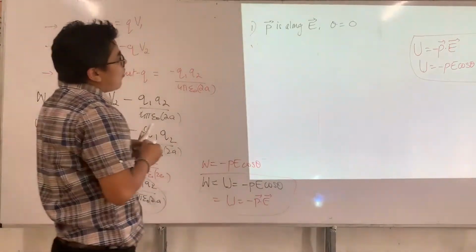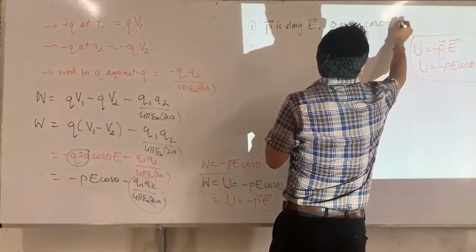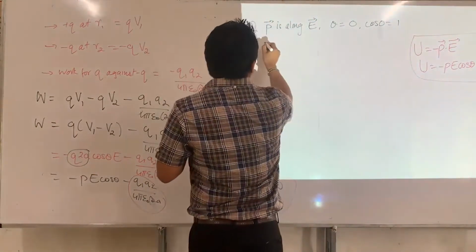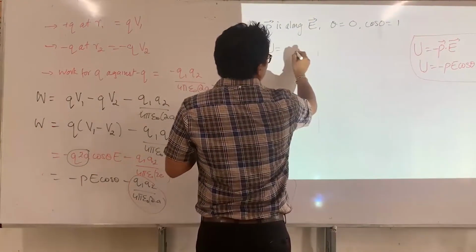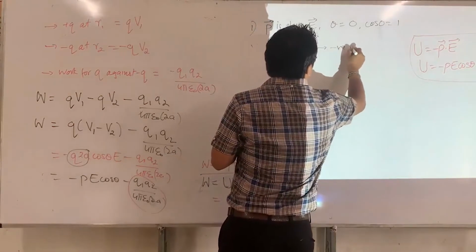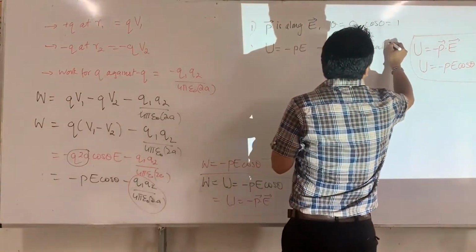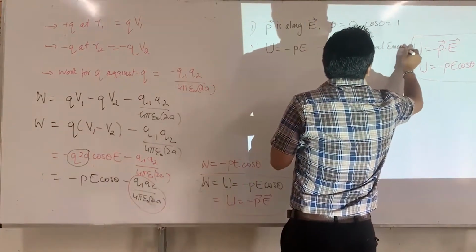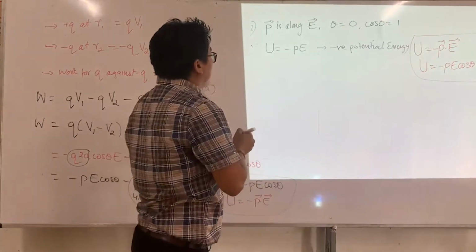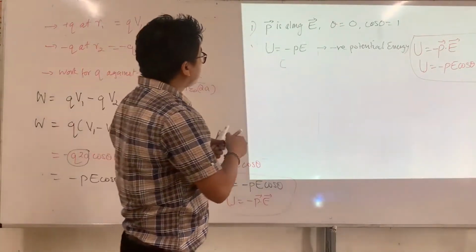If theta is 0, then cos 0 is 1, and the potential energy stored is minus PE, a negative potential energy, and that means the energy is minimum.